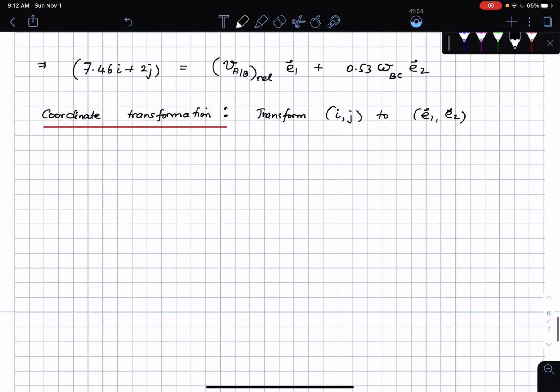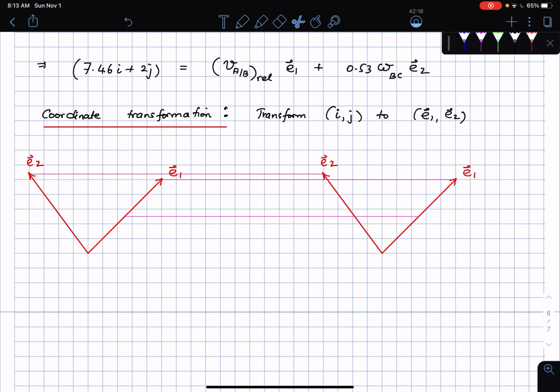Okay, then let me do this transformation very quickly. So I'm just going to set up my E1 and E2 unit vectors here. So this is E1 and this was E2, of course perpendicular. Let me grab this figure once again and write it down here, so that I can do the j direction here and the i direction here. So this is the i direction, and I'm just going to extend that here.